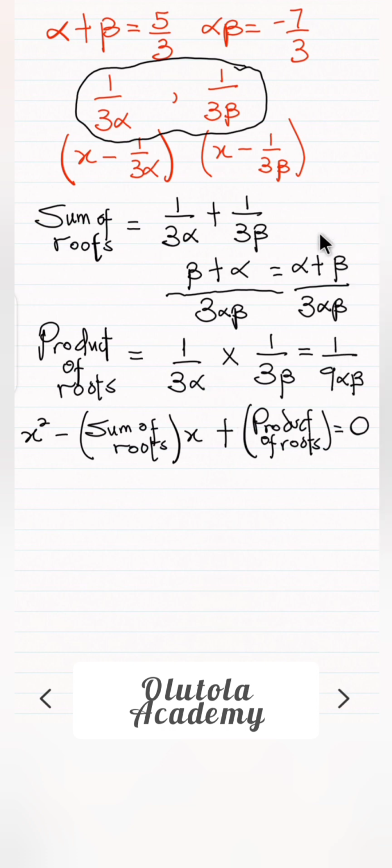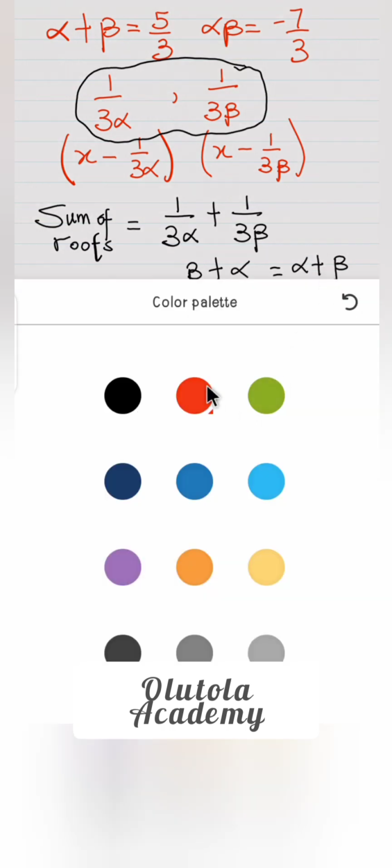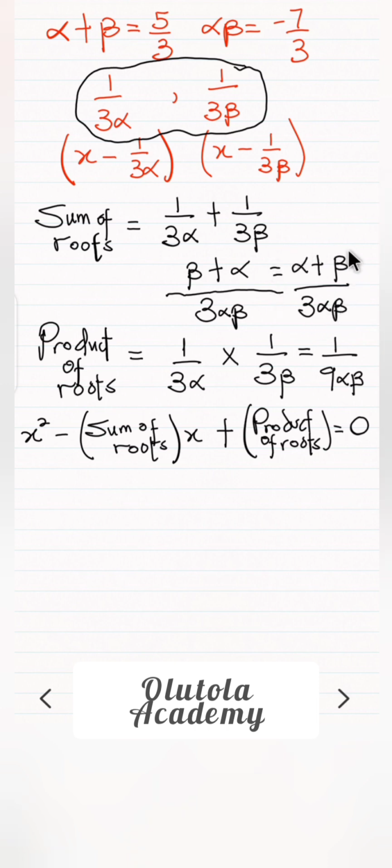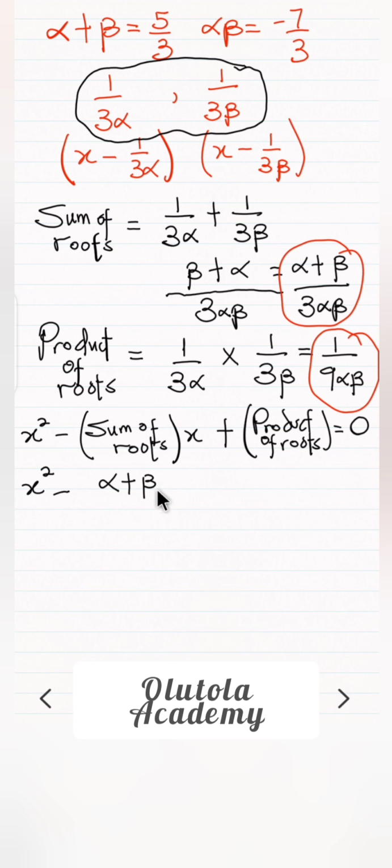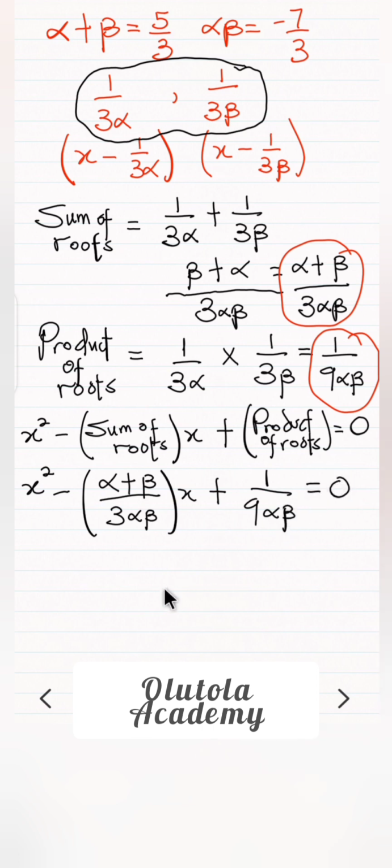Now since I've gotten my sum of roots to be this, and I've gotten my product of roots to be this, all I need to do is to put this here and put this here, and I will have my equation. So we go with that. We have x squared minus alpha plus beta over 3 alpha beta x plus 1 over 9 alpha beta equals 0.